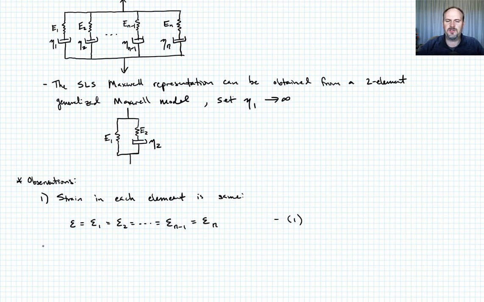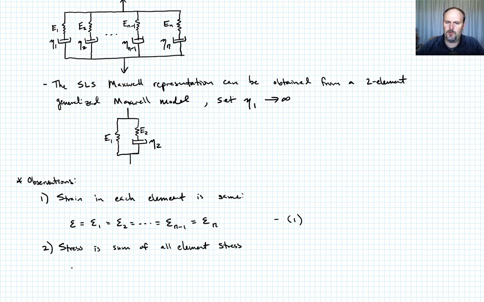The second observation is about stress: the stress in the generalized model is the sum of the stresses in each element. So the stress is going to be the sum of all element stresses. For example, this first spring and dashpot grouping would be the first element.